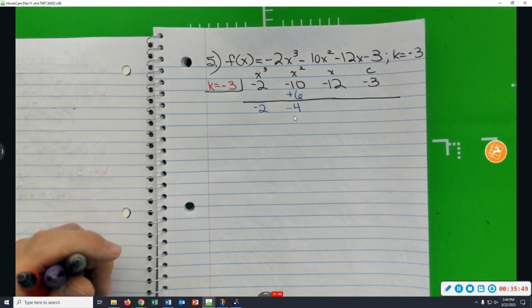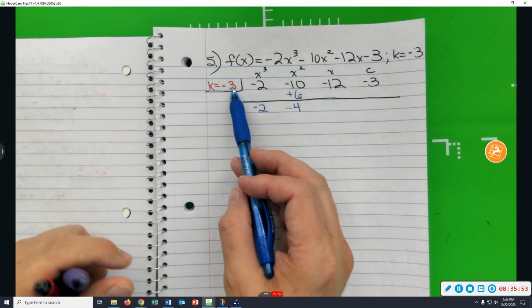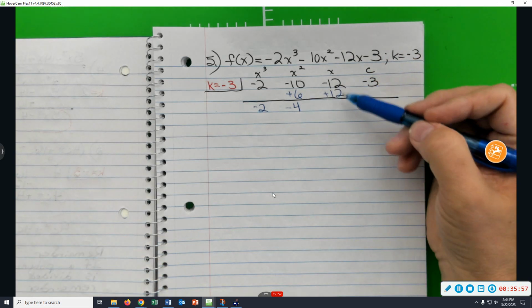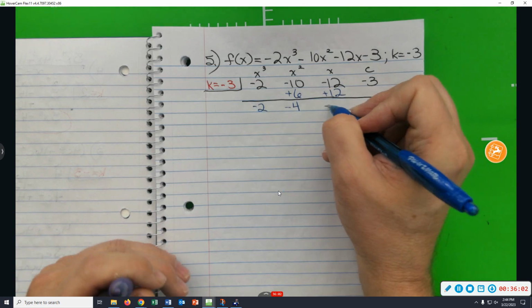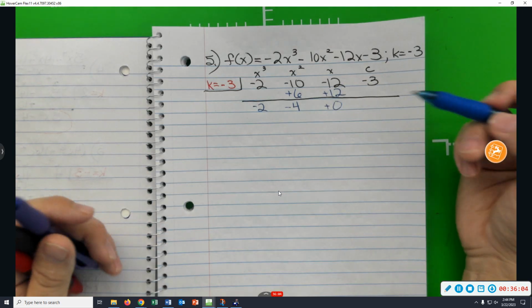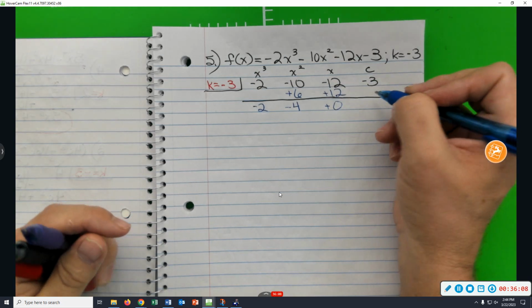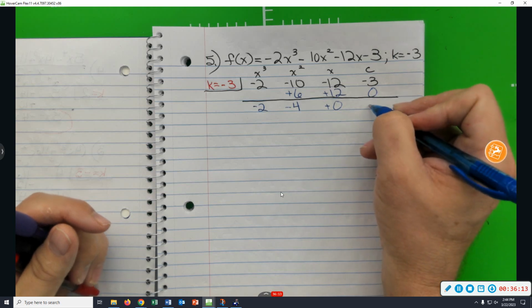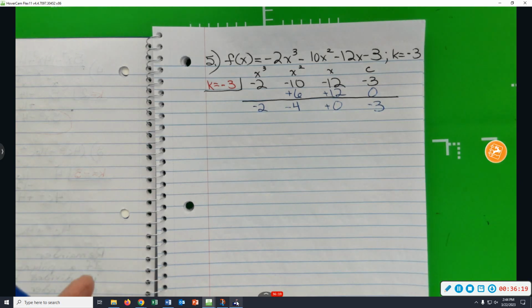Times -3 gives me a +12. -12 plus 12 gives me a 0. I'll put a +0 just because I need a sign there, I guess. 0 times -3 gives me a 0. -3 plus 0 gives me a -3. Well, that's not a very interesting problem.